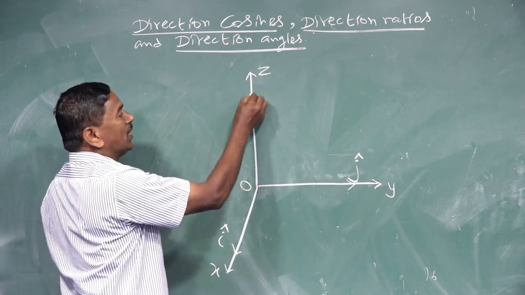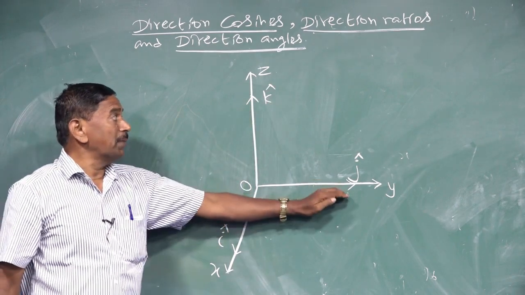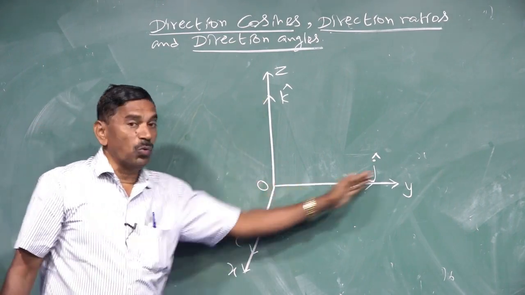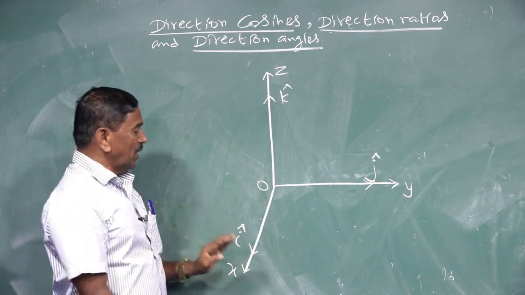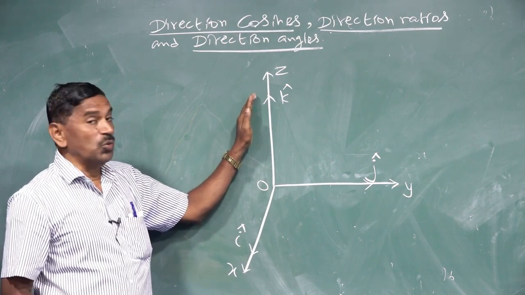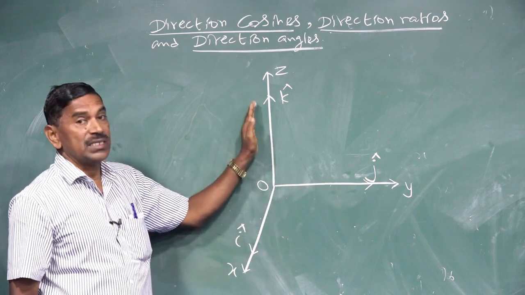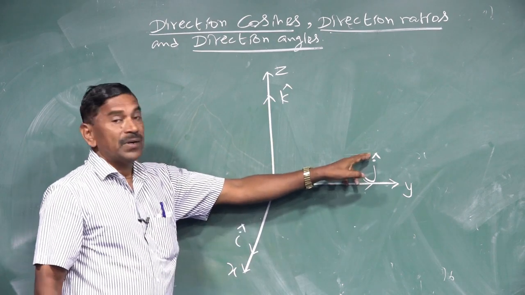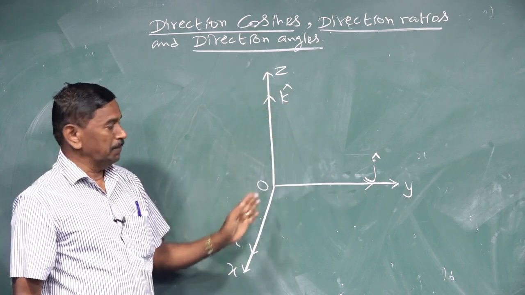Along the z-axis, let the unit vector be k cap. So let i cap, j cap, k cap be the unit vectors along the x, y, z axes respectively. Because the x-axis, y-axis, and z-axis are perpendicular to each other, the unit vectors i cap, j cap, k cap are also perpendicular to each other.